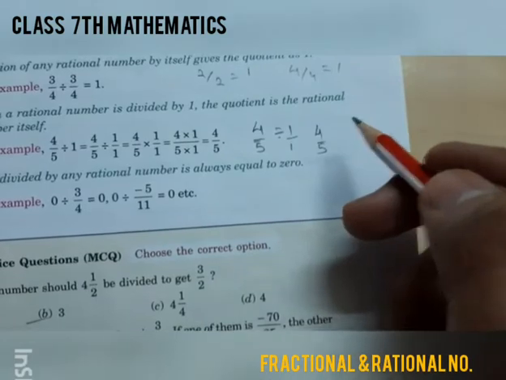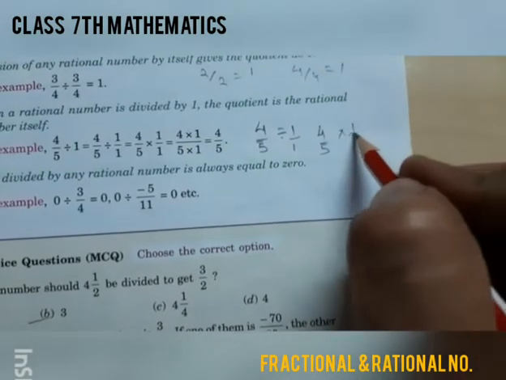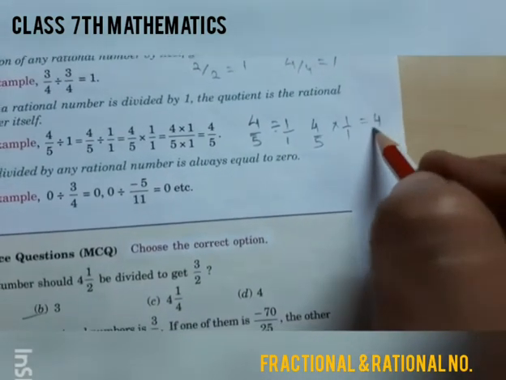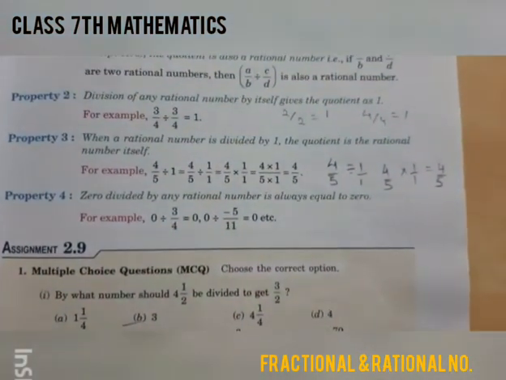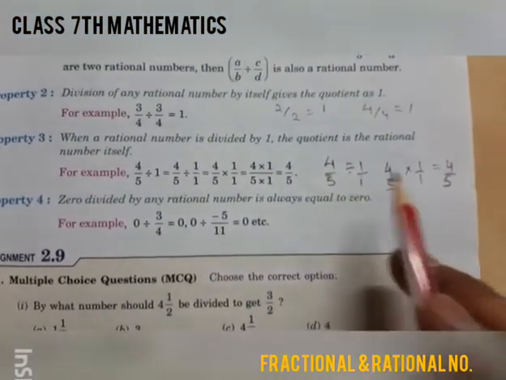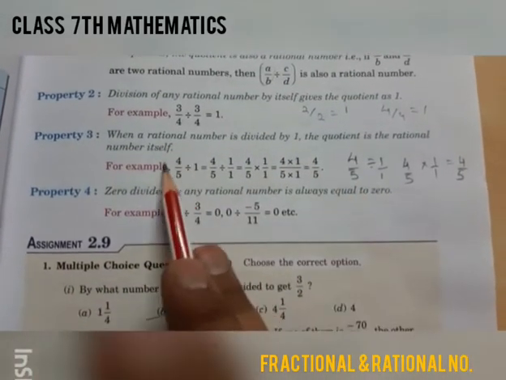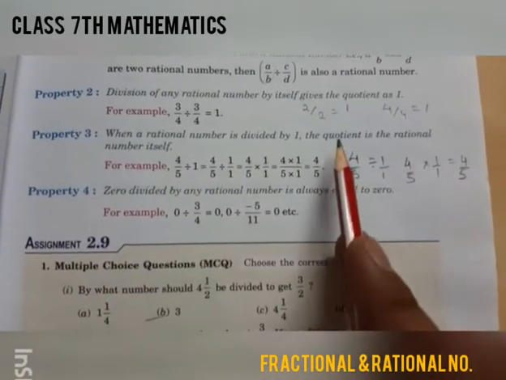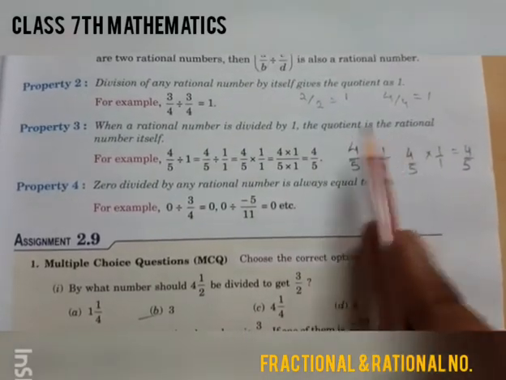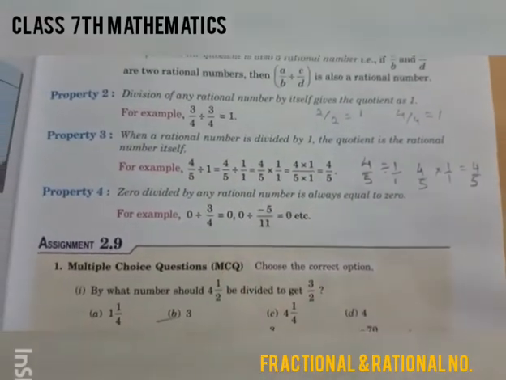Now the reciprocal of 1 will be 1 only, that means 1 upon 1. So what will be the result? 4 upon 5. That means we are getting the same rational number back. So this is what the property is also saying, that when a rational number is divided by 1, the quotient is the rational number itself.